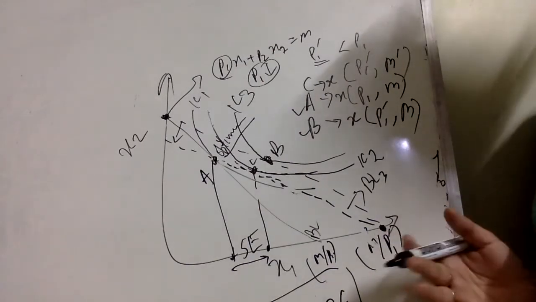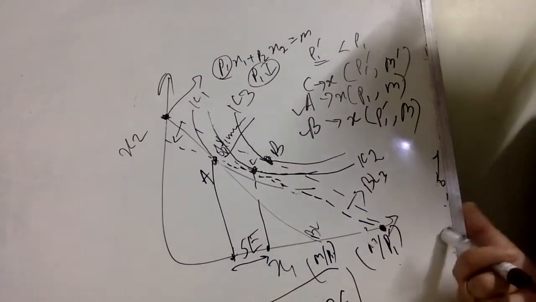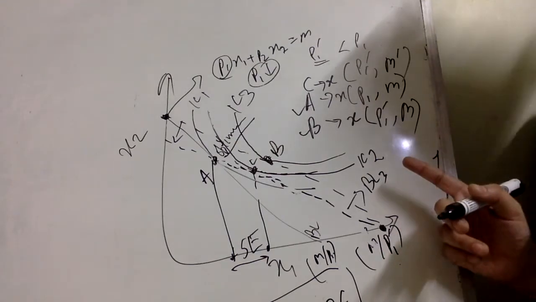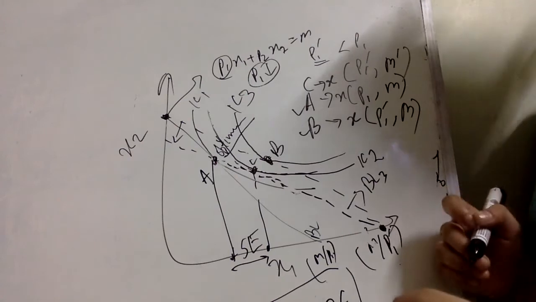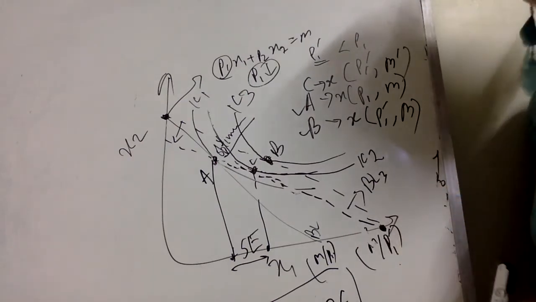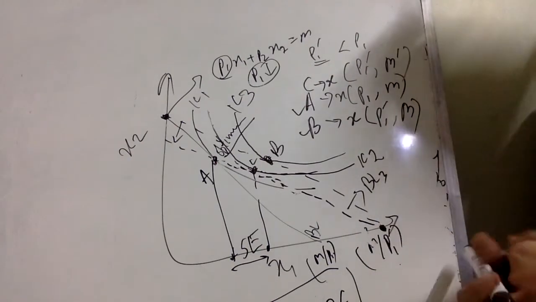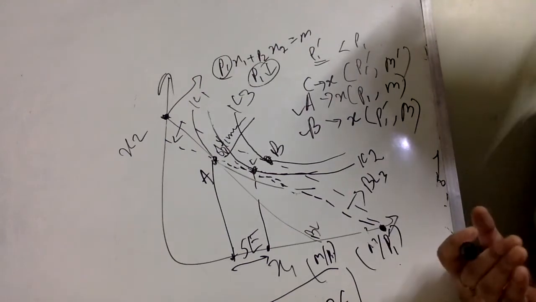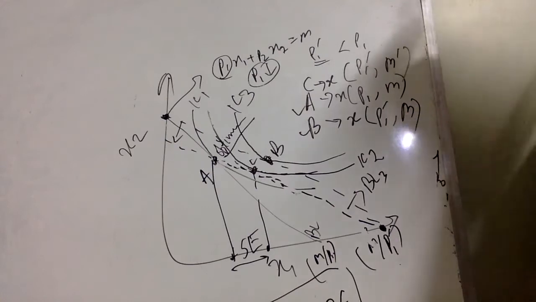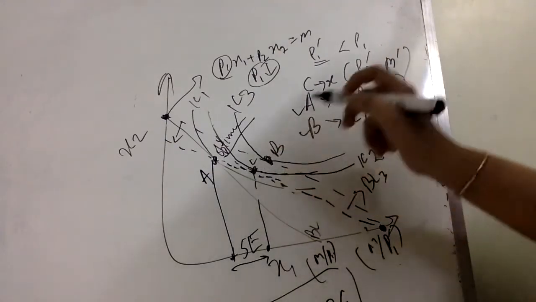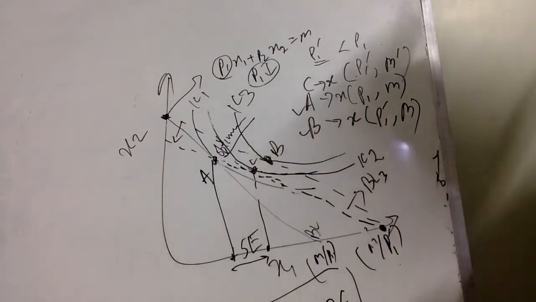Since the slope of the budget line is different, we know that the prices are new, and since I take away the income of the consumer, it's no longer the original income. So hence I have M prime as the new income of the consumer. So that's why point C here in between corresponds to this demand bundle.